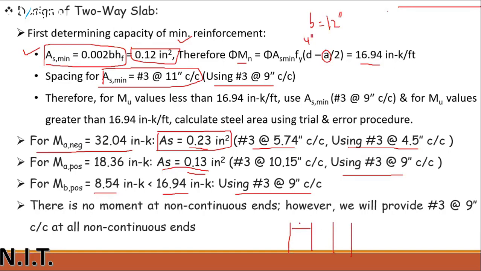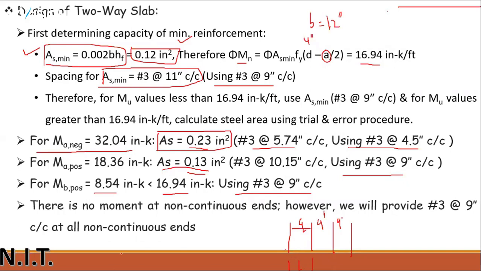This dimension is 9 inch, this is 9 inch, this is 9 inch, and the steel applicable because of this moment, MA negative, is 5.74. But I cannot use 5.74. I will use 4.5. Why? Because this dimension should be like that.